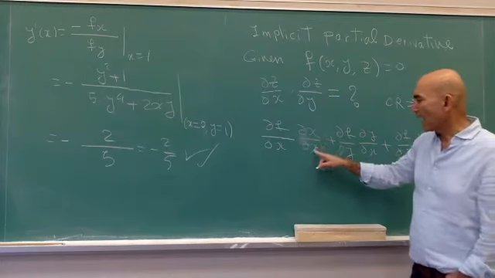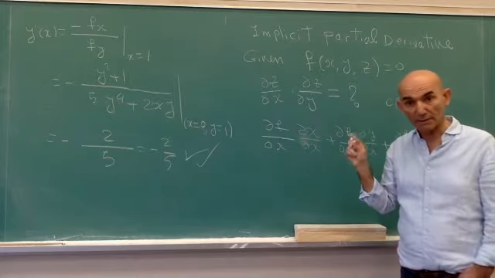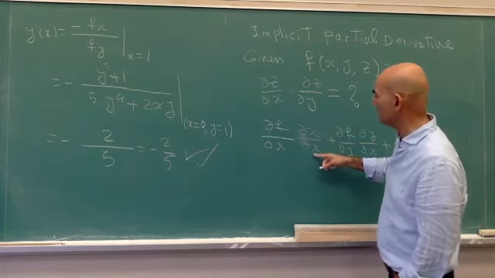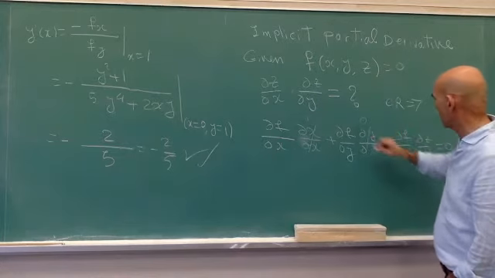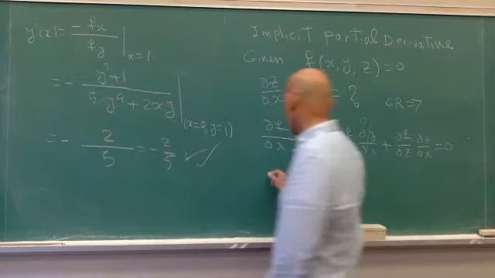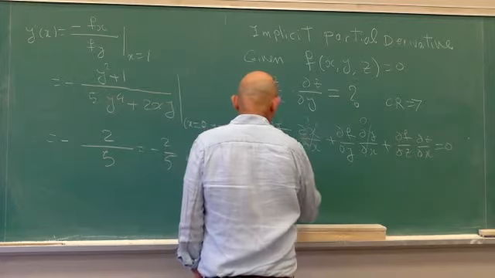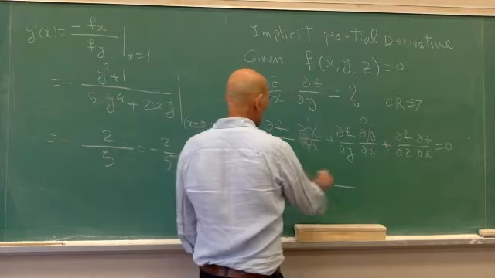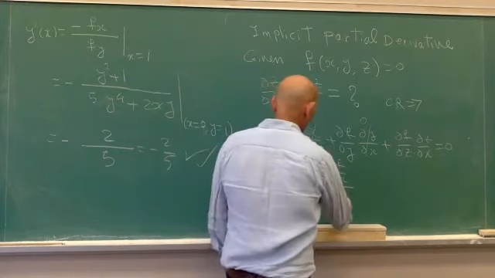Now, x and y are independent variables, z is the dependent variable. That's the thing. Because x and y are independent variables, dx dx is 1, but dy dx is 0, and dz dx is what we want. So we get dz dx is equal to negative df dx over df dz.